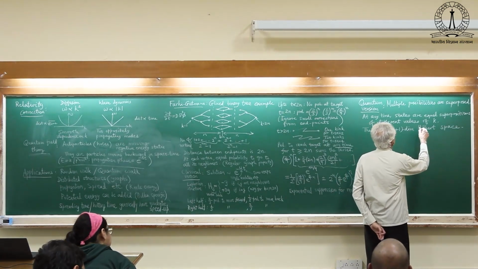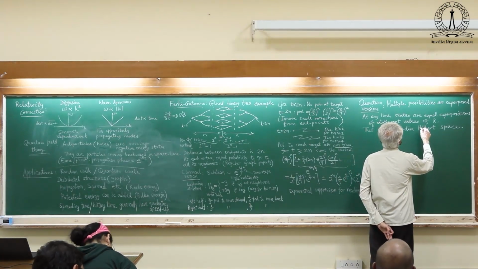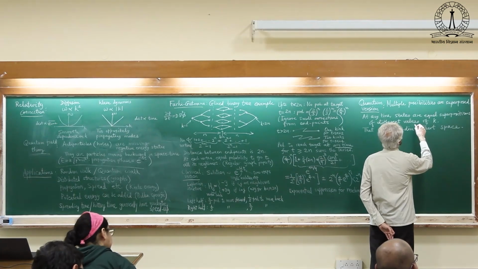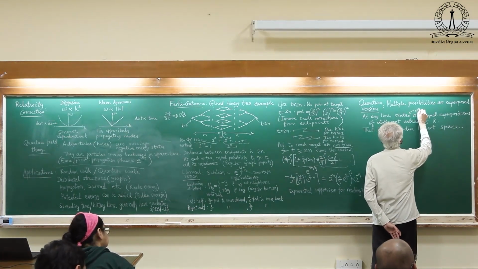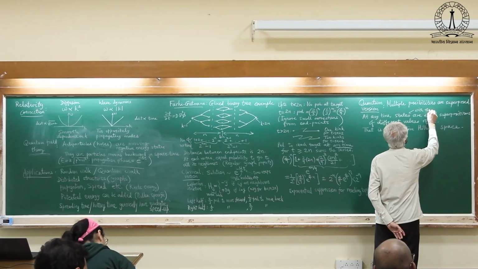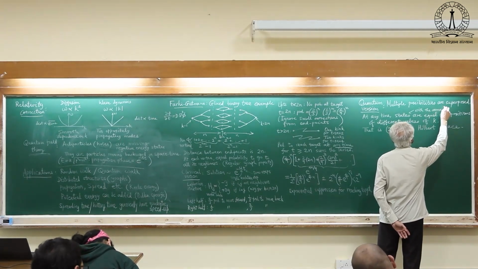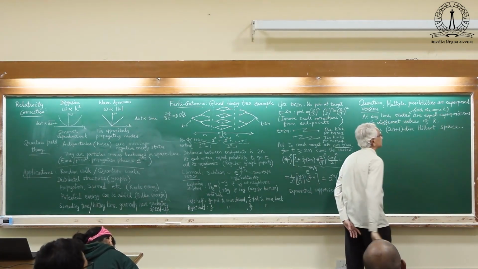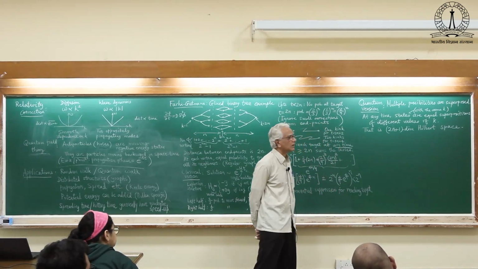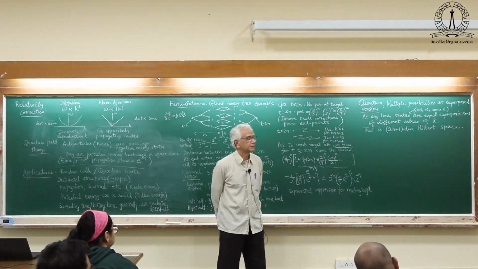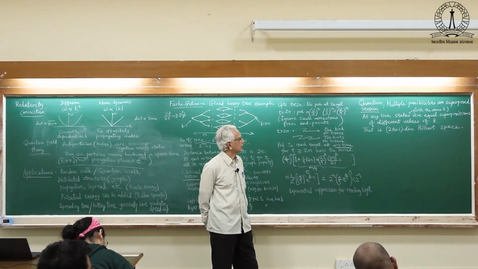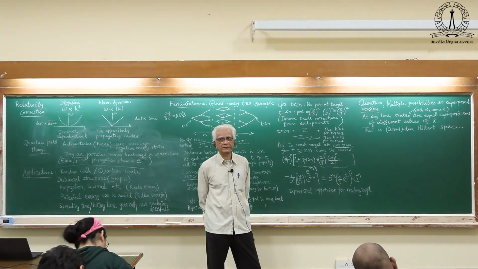I can write it differently. They will all be equally superposed for all the values of k.